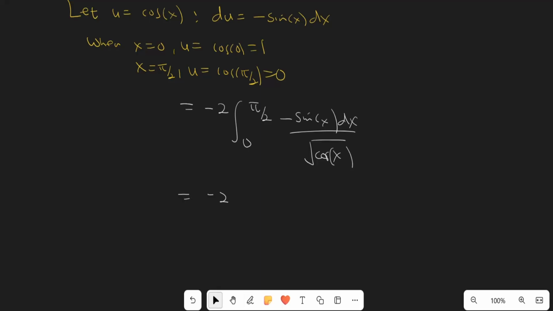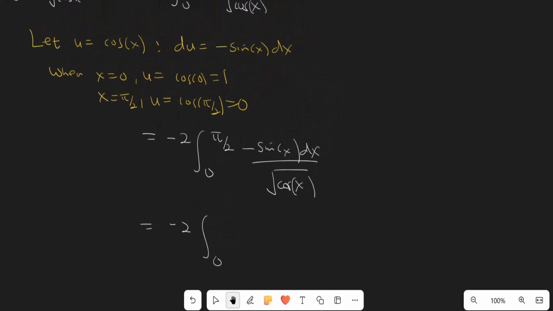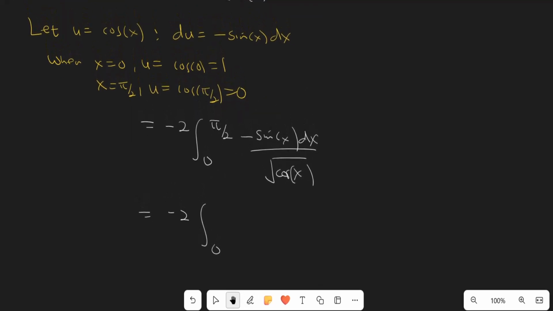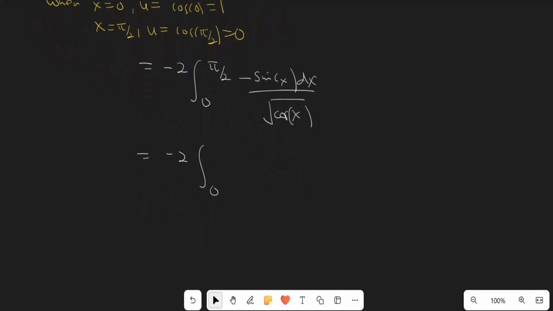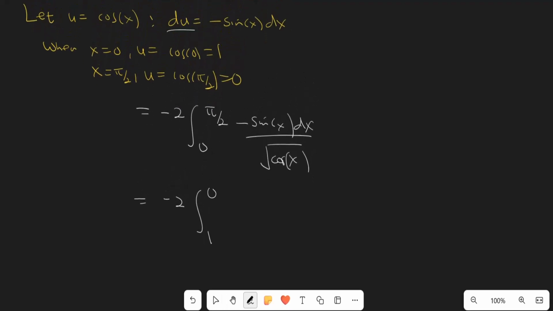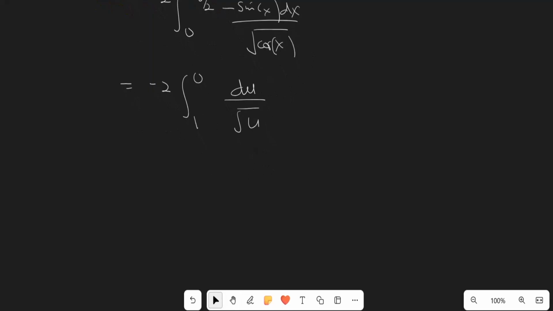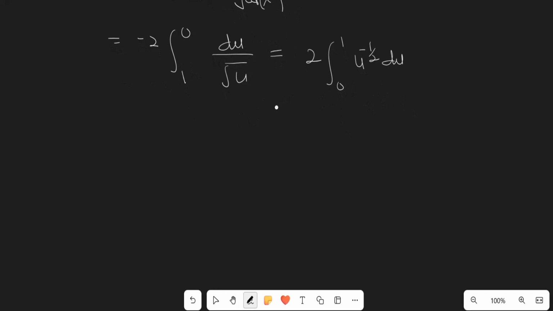Now the limits go from 1 to 0, of negative sine x dx, which is du, all over the square root of u. We can switch the limits, and that will nullify the negative in front. You have 2 times the integral from 0 to 1 of u to the negative 1/2 du. That is how this one can be simplified.